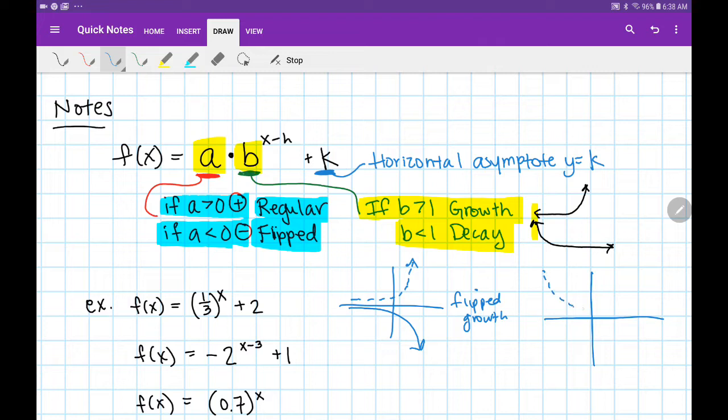So a decay graph normally looks like this, but then if it was flipped, then my graph would look like that. So it's important to first try plotting the regular version, the growth or the decay, and then flip it down by treating this horizontal line as a mirror. Okay, let's keep going.